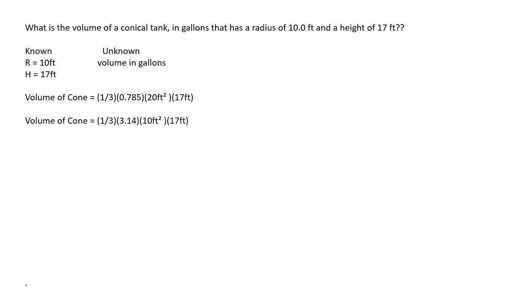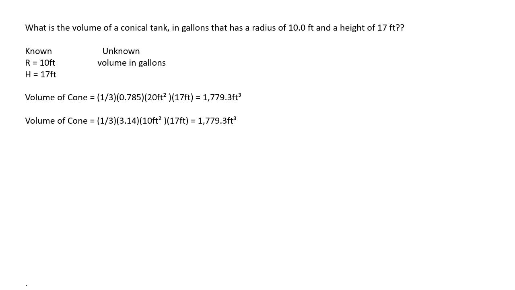So we can plug in our 10 feet for our radius squared times 17 feet times 3.14 times 1/3, and you can solve the math for this written both ways. So we solved it both ways, and we got the same answer both ways: 1,779.3 cubic feet, whether you do 3.14 times the radius squared or 0.785 times the diameter squared.